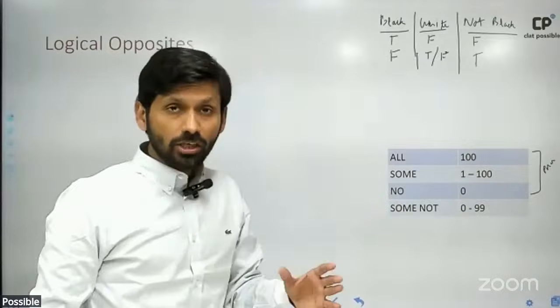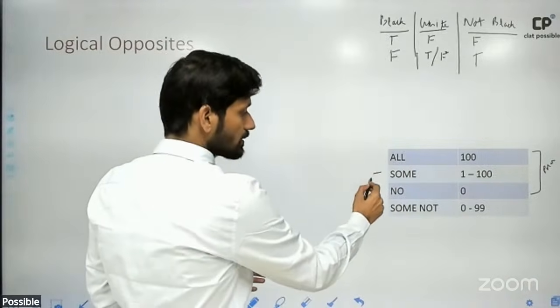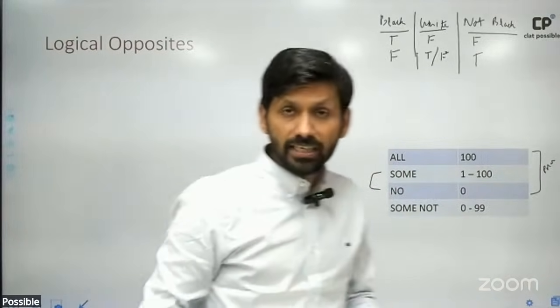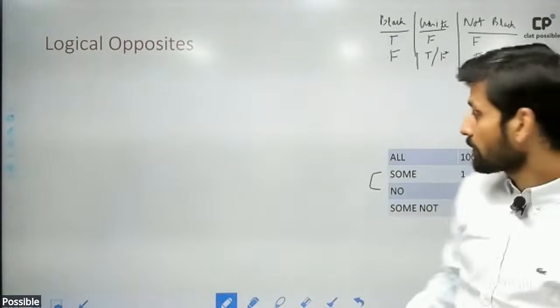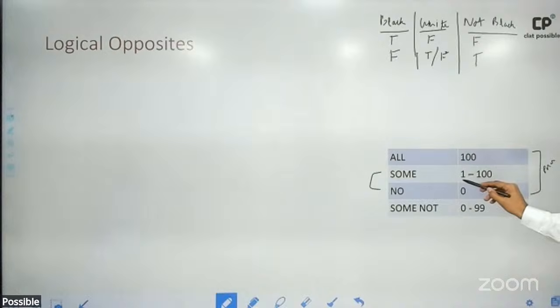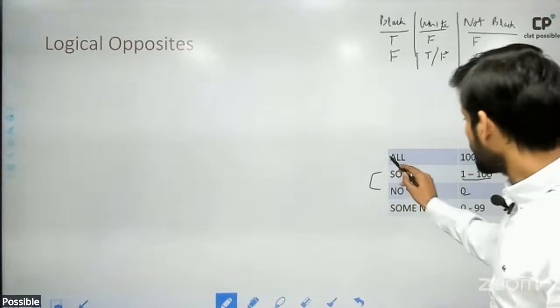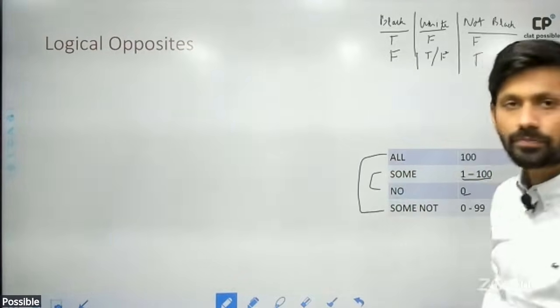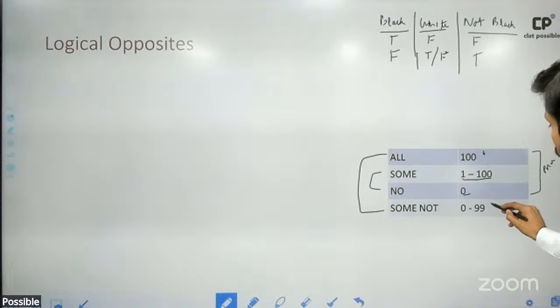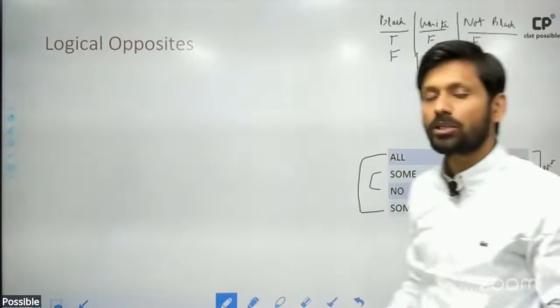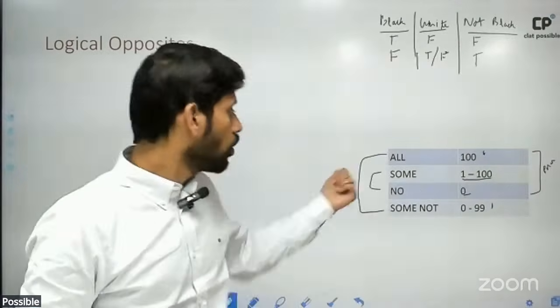But logical opposites are some and no. Remember this, in the deductive world, when they ask you the opposite of some, it is no. And the intuition is that some is anything between 1 and 100, including 1 and 100, and no is 0. And the other pair of logical opposites is all and some not, right? So all is 100 and some not is anything between 0 to 99. So there's no overlap between all and some not.